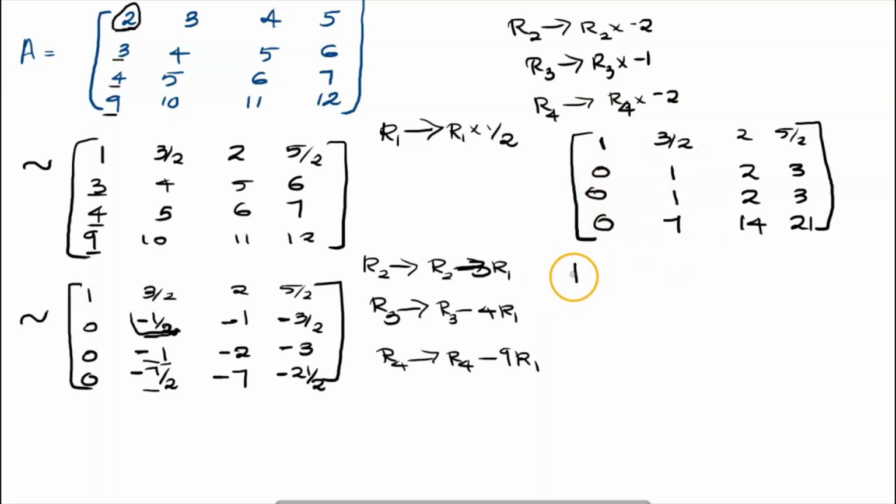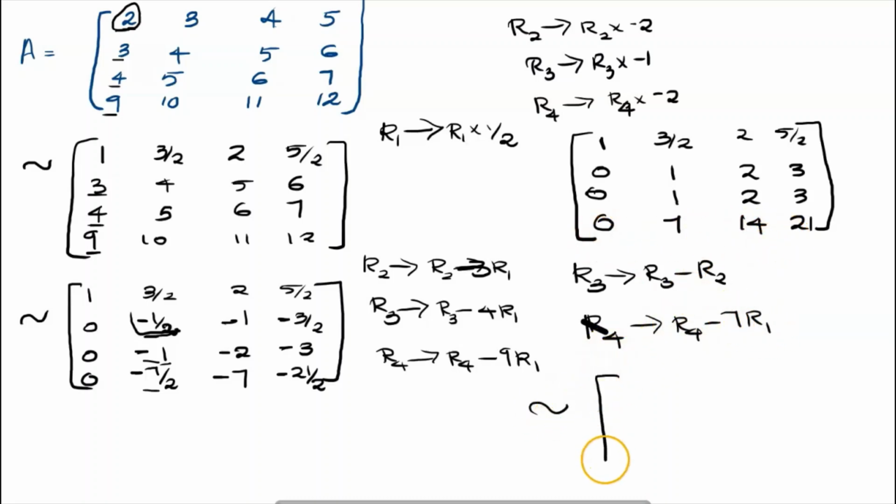Now we can use the operation R3 gives R3 minus R2. Let's subtract R2 from R3 and put it in R3, and I am making R4 as R4 minus 7R1, so that R4 also becomes 0.